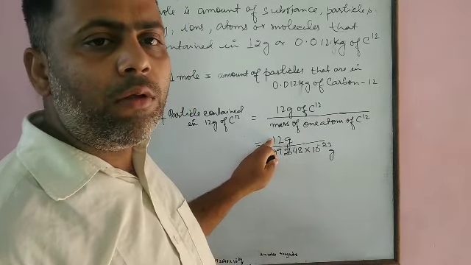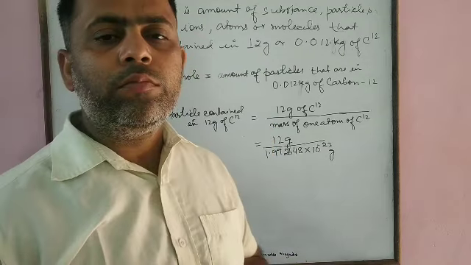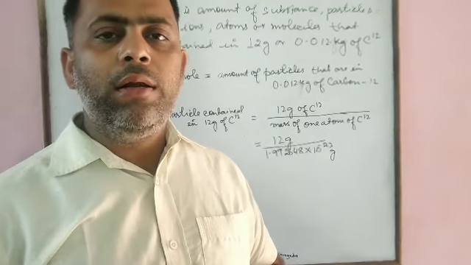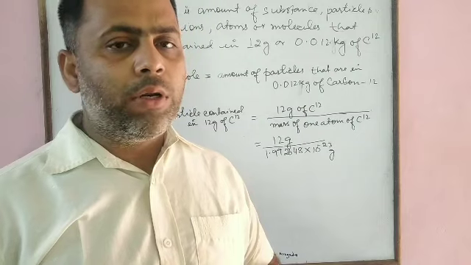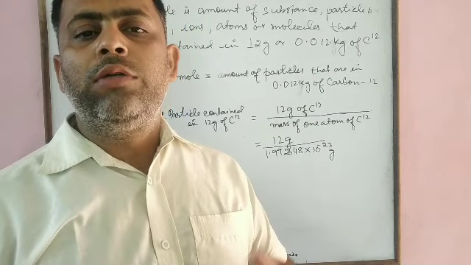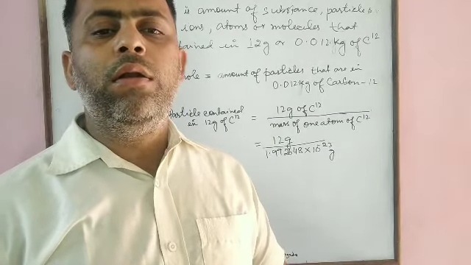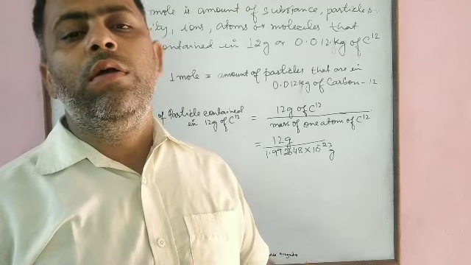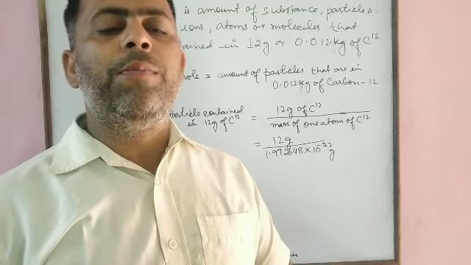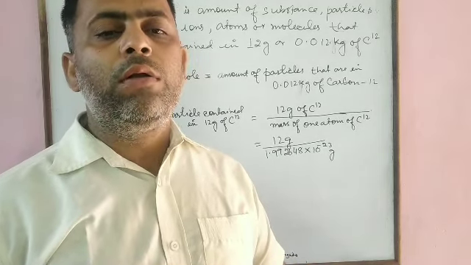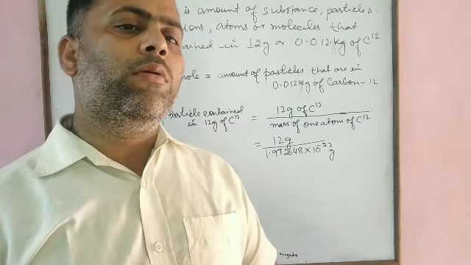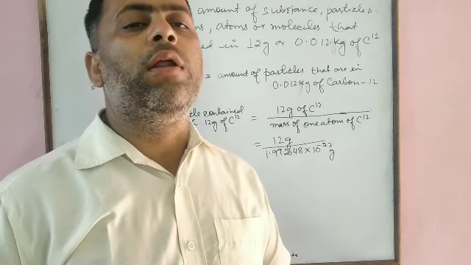We know the number of particles in 12 gram of carbon is equal to 1 mole. As we know the mass of one particle, when we divide the total mass by the mass of one particle, then we are able to know the number of particles contained in 1 mole.